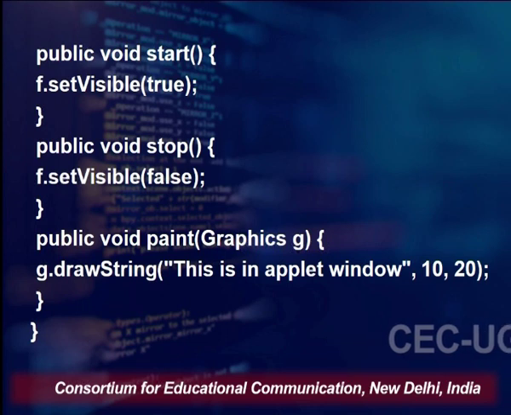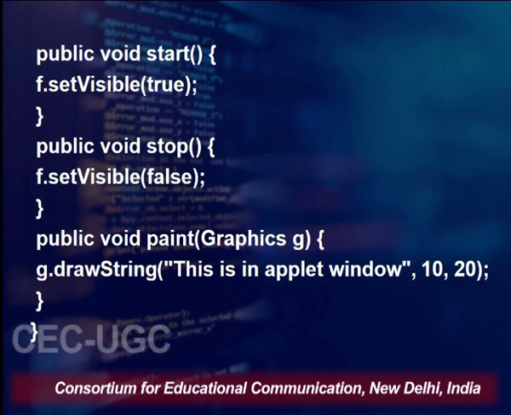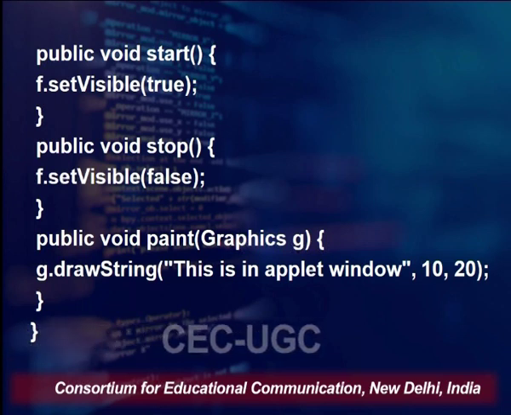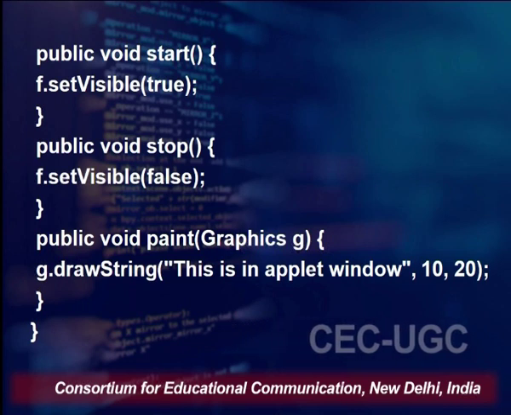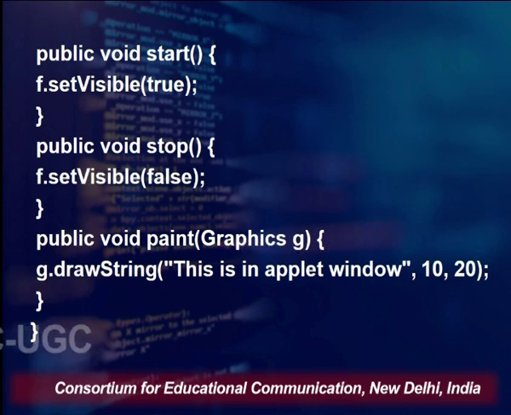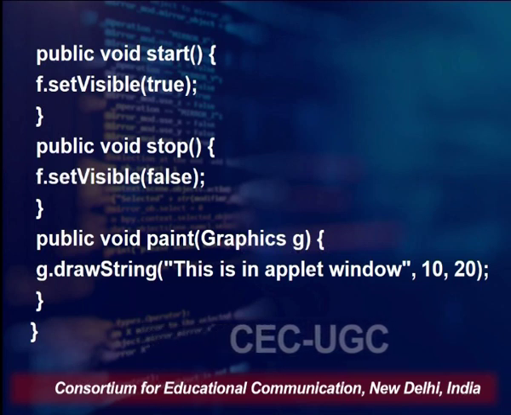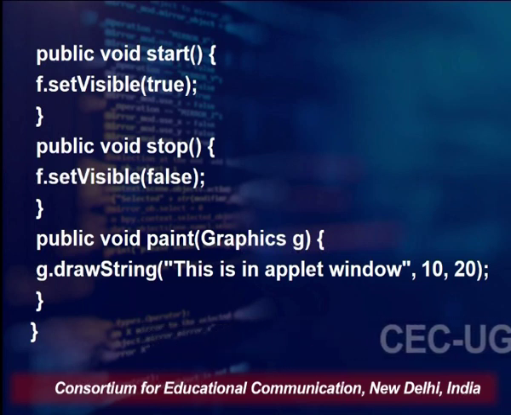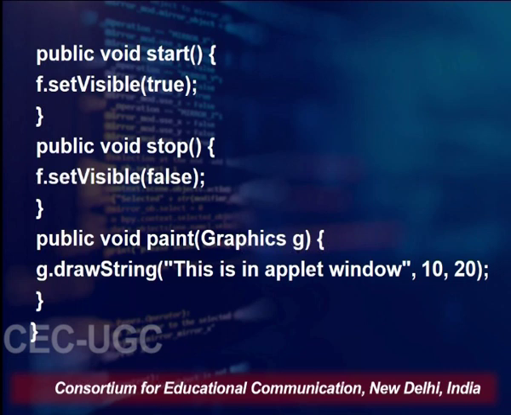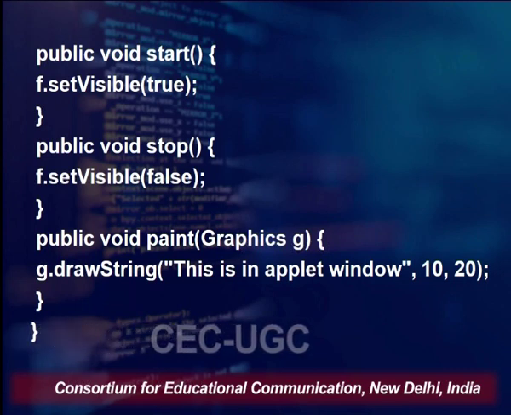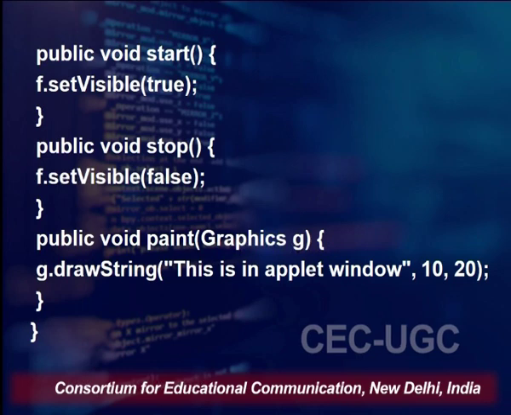Within the stop method we do just the opposite of start, which says f.setVisible(false). Then we use a paint method with the Graphics context g, which is going to write the string "This is an applet window" at position 10, 20.